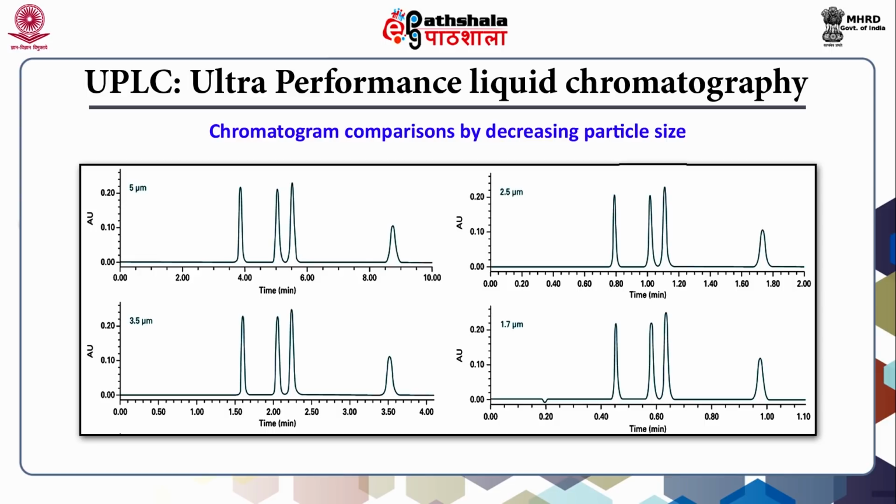That means the entire analysis, which took 10 minutes with the 5 micrometer stationary phase, took only 1 minute when the particle size was decreased to 1.7 micrometer. This kind of chromatography is called ultra performance liquid chromatography.